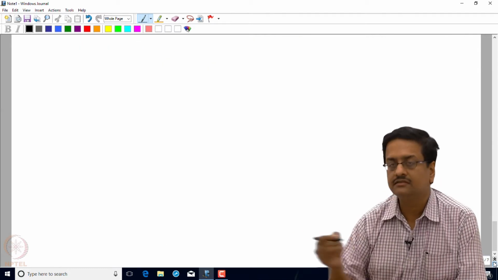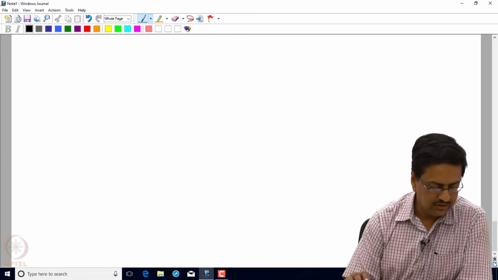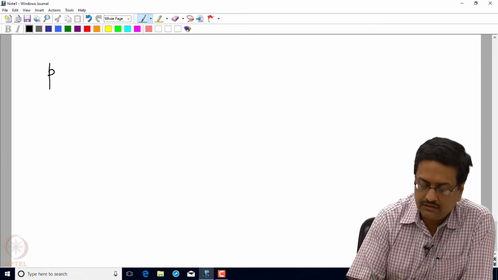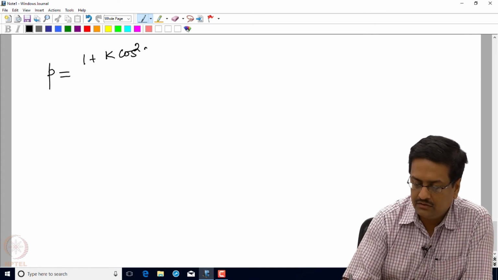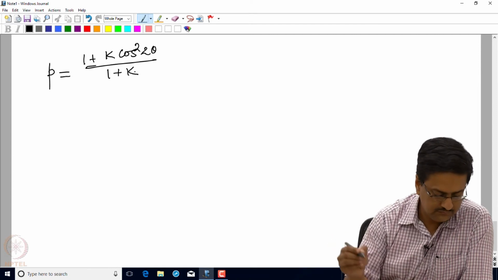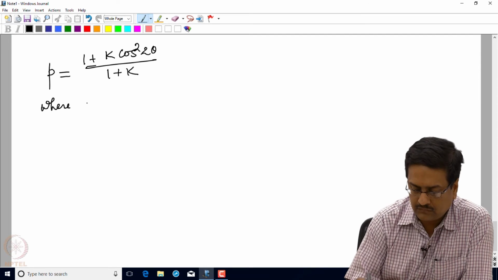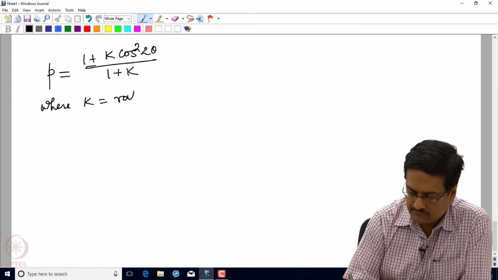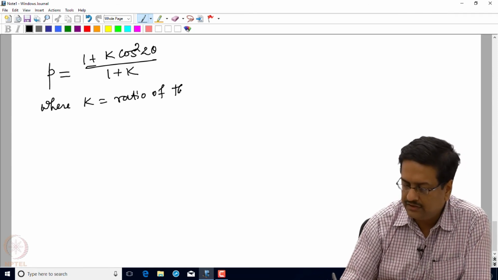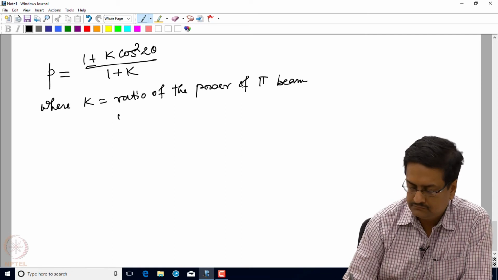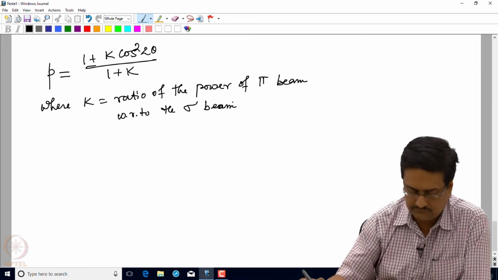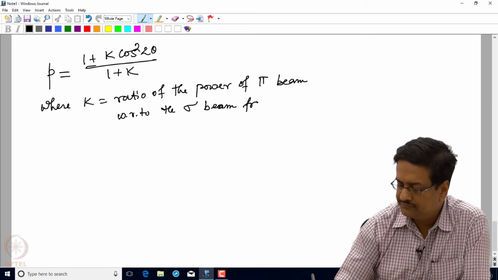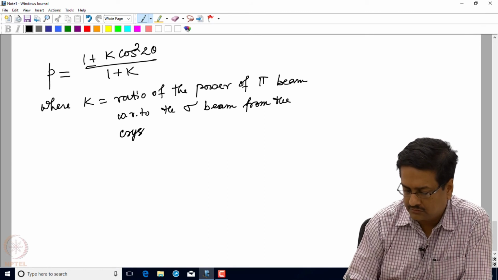So that is why in case of diffractometers where we use a crystal monochromator, an appropriate polarization correction is applied, and it is used as 1 plus k cos square 2 theta divided by 1 plus k, where k is the ratio of the power of pi beam with respect to the sigma beam from the crystal monochromator.